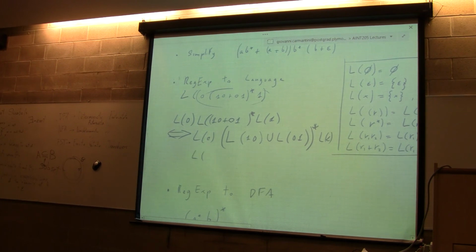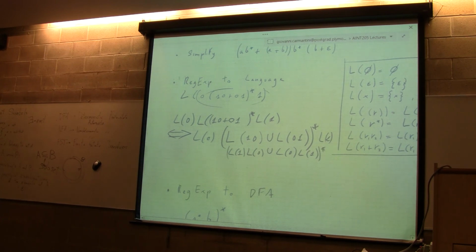Then okay, we just continue, and well, I might as well finish. This is L of 1, L of 0, union L of 0, L of 1, star.